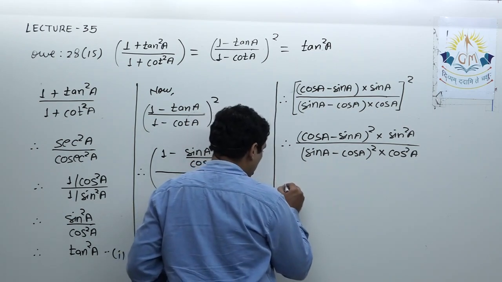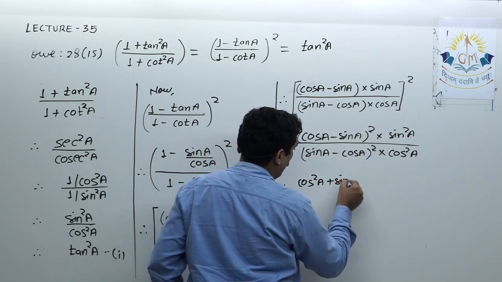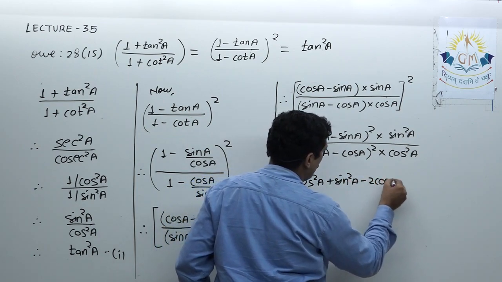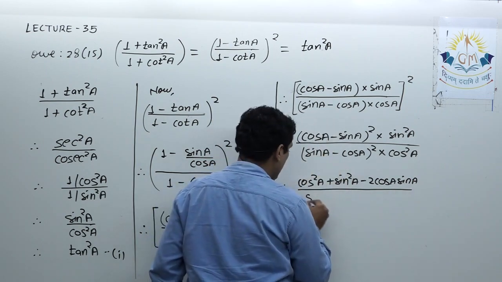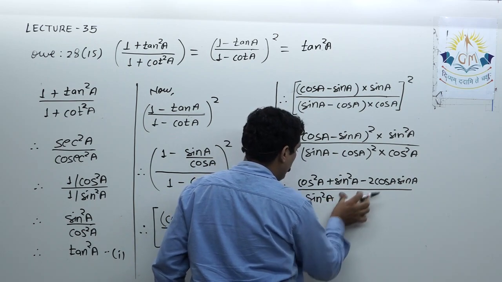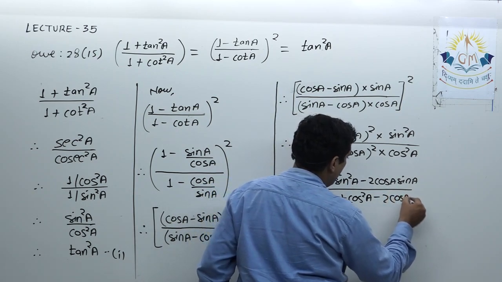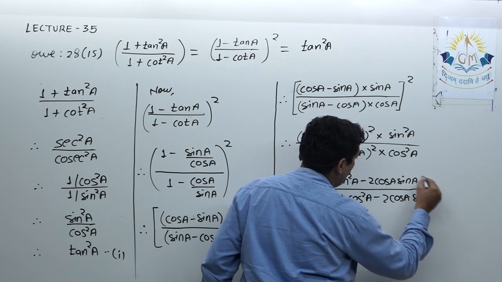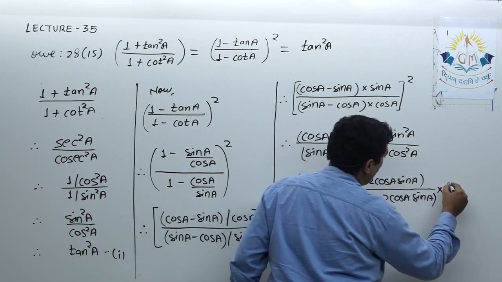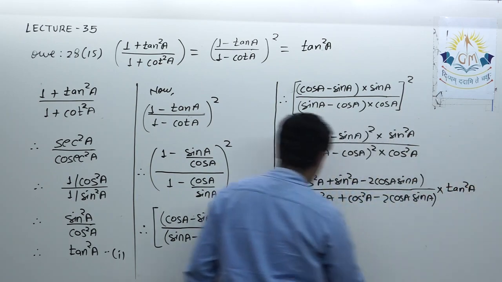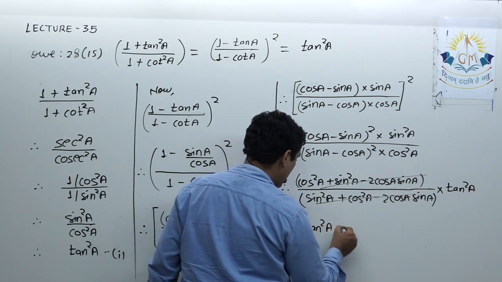Or if you are not convinced, just expand it. You get cos square A plus sine square A minus 2 cos A sine A, and in the denominator, applying the identity, sine square A plus cos square A minus 2 cos A sine A. So we get the same term in the numerator and denominator, and sine square A upon cos square A I can write as tan square A. So this completely cancels, and ultimately I get tan square A.